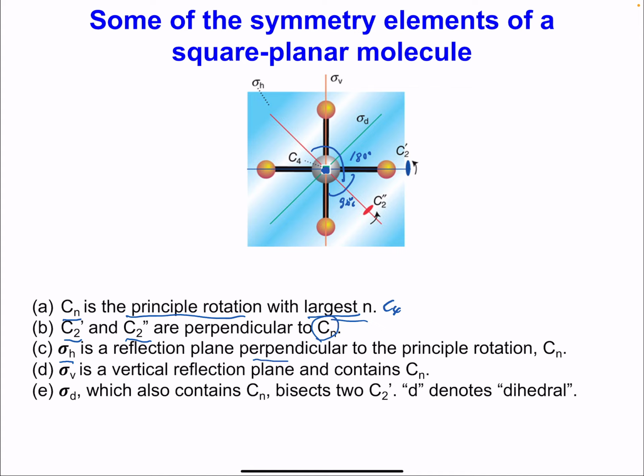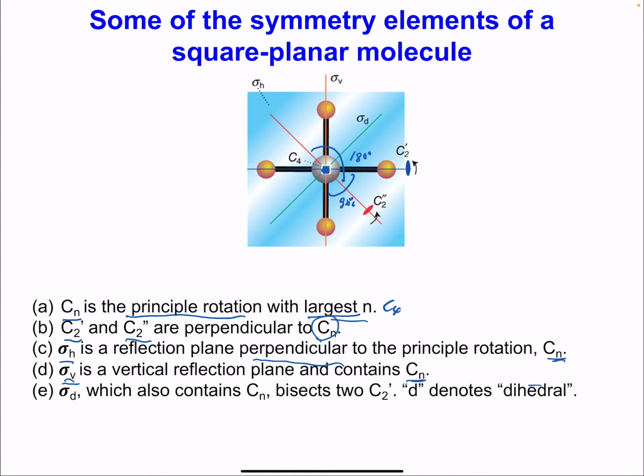Then we have different reflection planes here. The next one we're going to see is sigma h. Sigma h is the reflection plane perpendicular to the principal rotation axis. So that's a plane containing all these 5 atoms here.